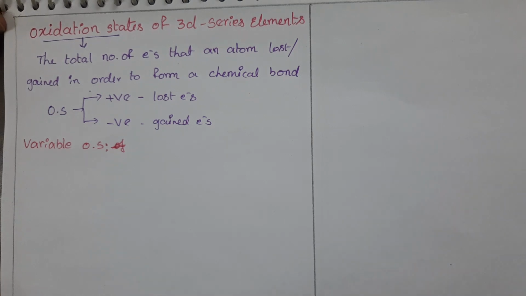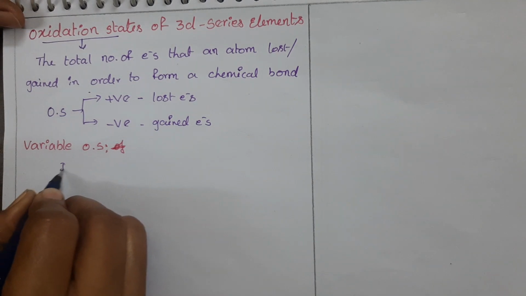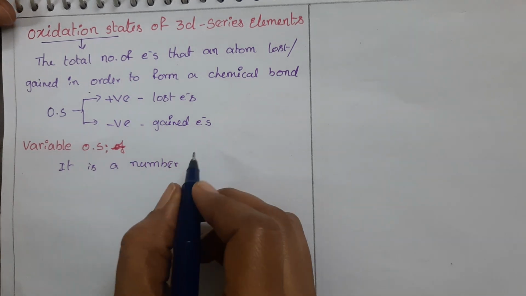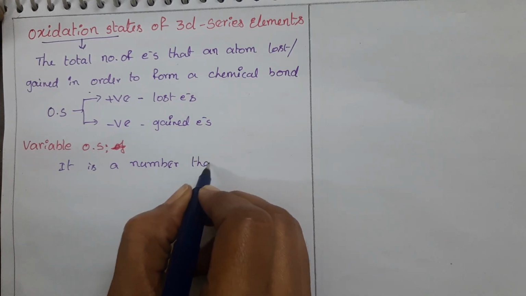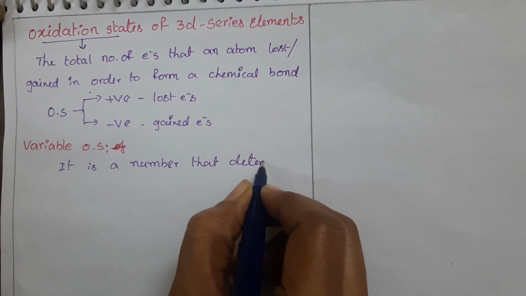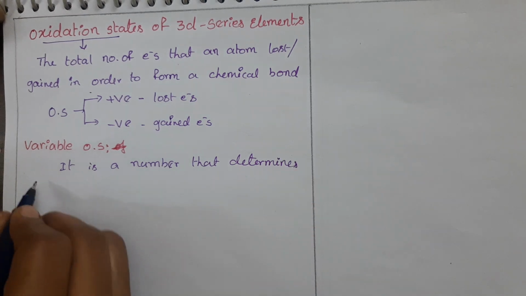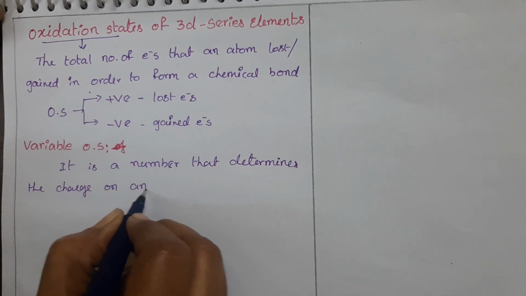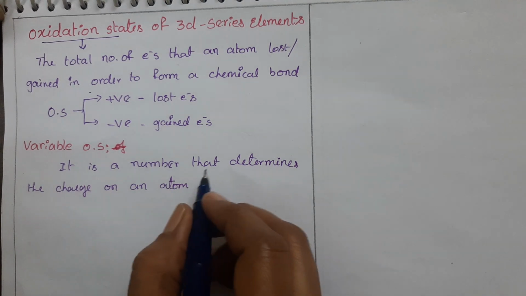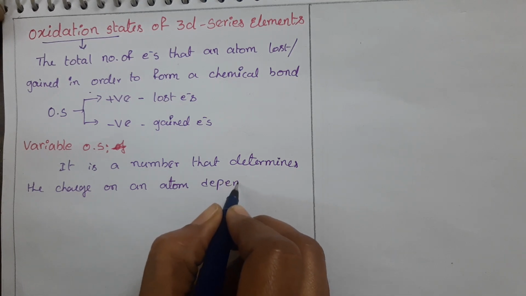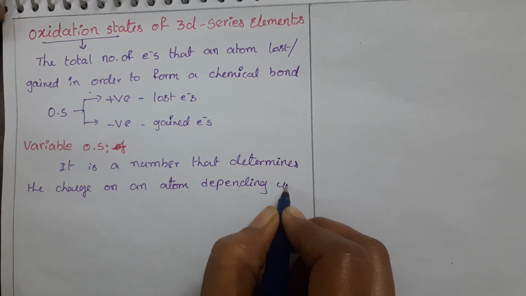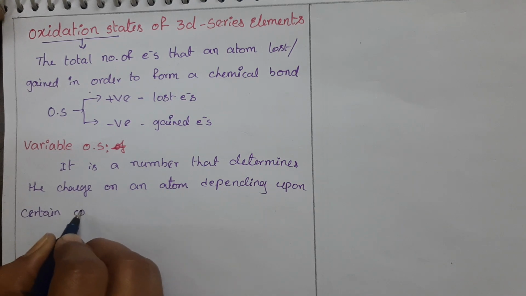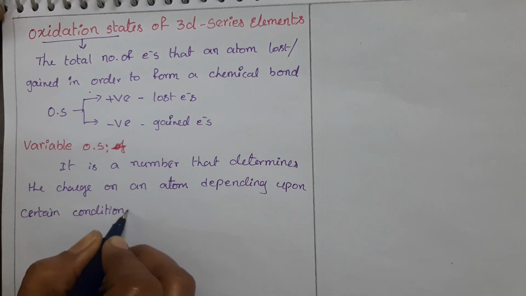The definition of a variable oxidation state is a number that determines the charge on an atom depending upon certain conditions. Depending upon certain conditions is called a variable oxidation state.